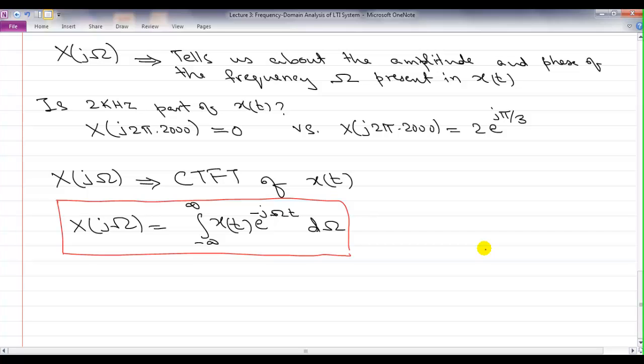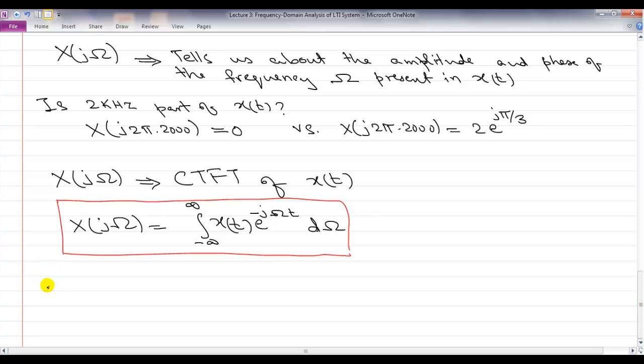So let's take a simple example to clarify the purpose of the continuous time Fourier transform, which is just telling us which frequencies are present, what their amplitude is, and what their phase is.